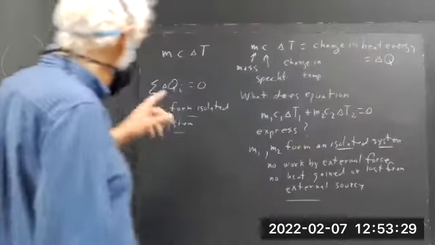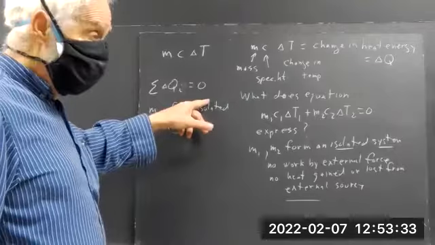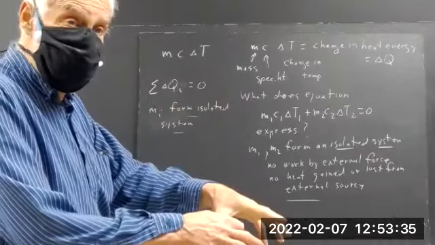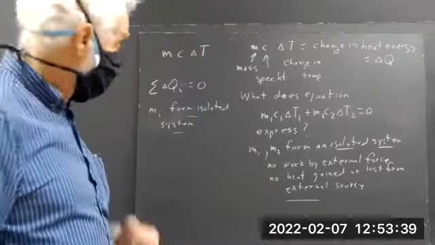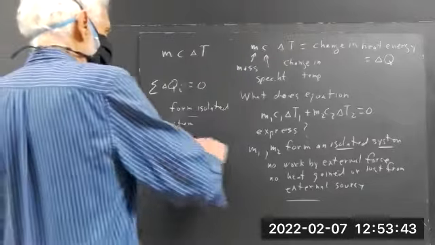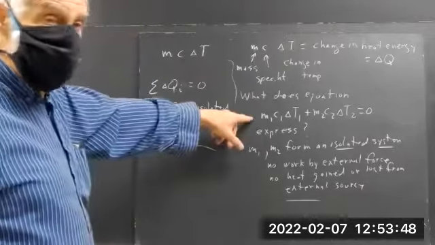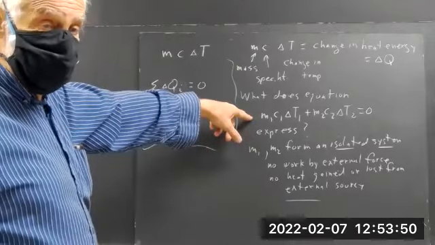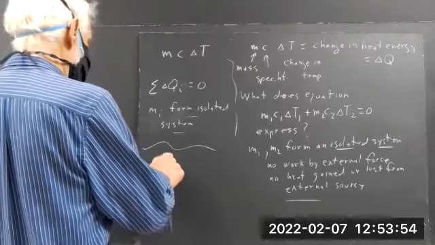It says you add up all the changes in heat energy, it's 0, meaning you're not getting any heat energy from outside. And no work is being done from outside. Okay? So, and this is an instance. Okay?